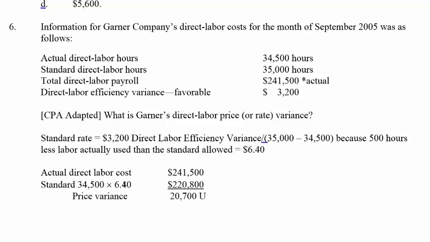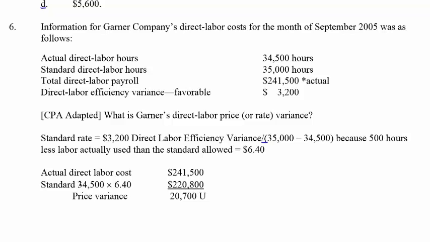And we can now take that 6.40 and multiply it times the actual hours, and calculate out $220,800 is what would have been expected at the rate of 6.40 versus what we actually paid of $241,500, and therefore the difference in the two here is $20,700.